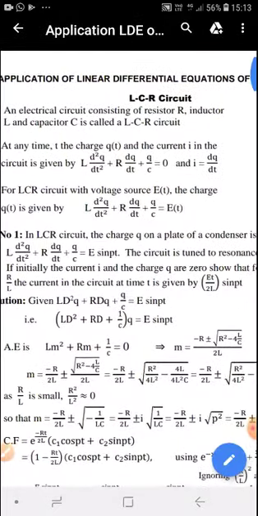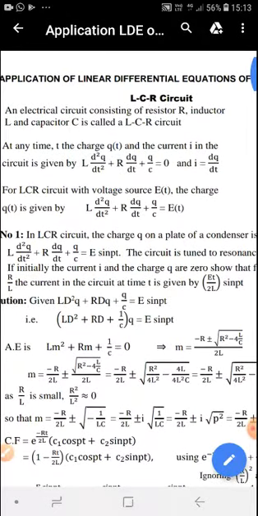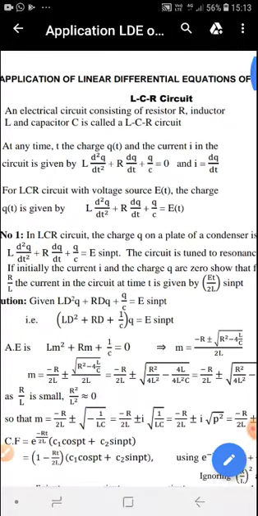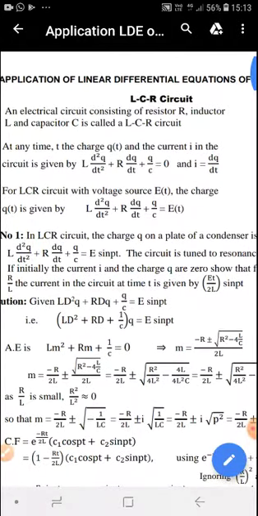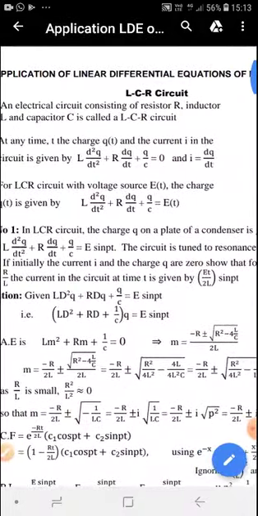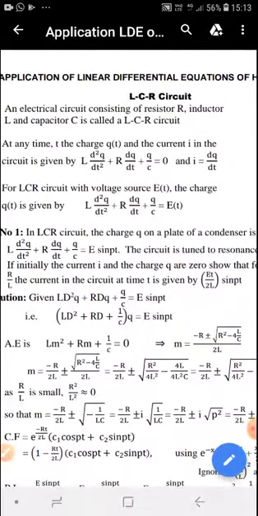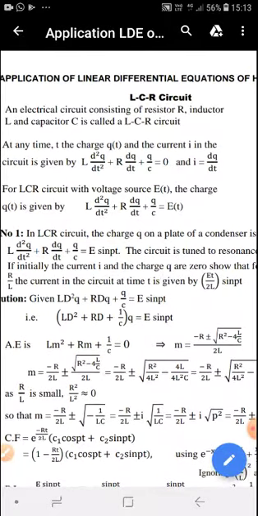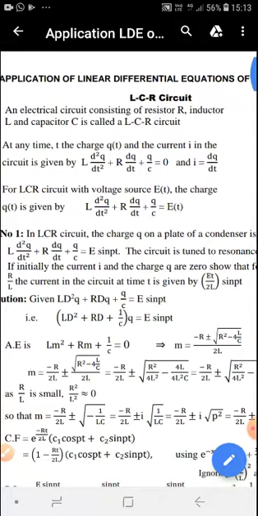If initially the current I and charge Q are 0, initially means at t equal to 0, Q is 0, I is 0. Then show that for small value of R by L, the current in the circuit at a time t is given by Et divided by 2L into sin pt.